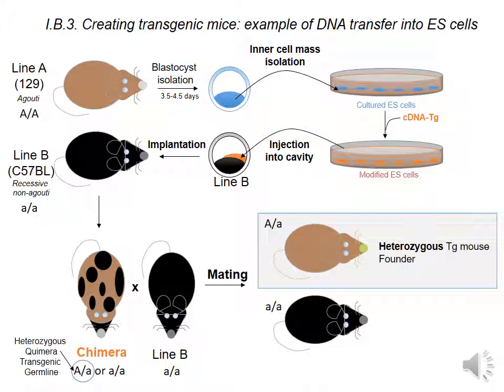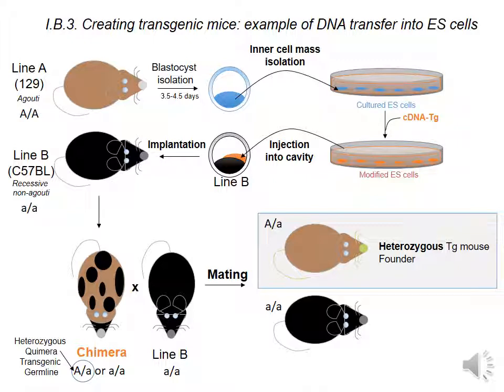This is another example for creating transgenic mice that uses DNA transfer into stem cells. Overall, for this technique, stem cells obtained from the blastocyst of one mouse line, in this case line 129, which has an agouti color, are transfected with a particular transgene.